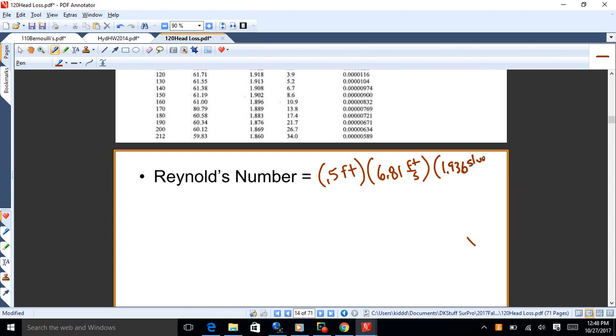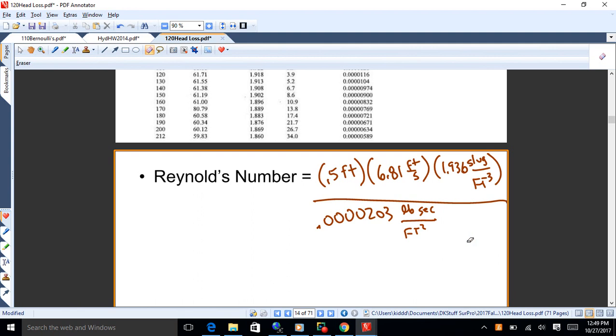Then we multiply it by the density, 1.936 slugs per cubic foot, and we divide it by the viscosity, in pounds second per foot squared. And what we get for the Reynolds number is 325 times 10 to the 5th when you do that.